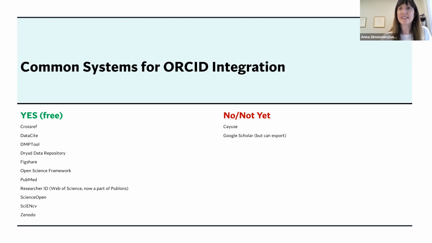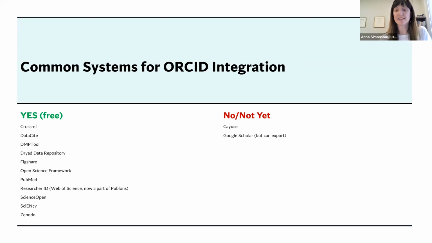I tested this out the other day, and I did a PubMed search with a name that was more common, and it was very hard to shuffle through all of the results. I had hundreds more results than when I searched the ORCID ID. It limited it to, I think it was 12. So it's a huge help when you're doing an author search.